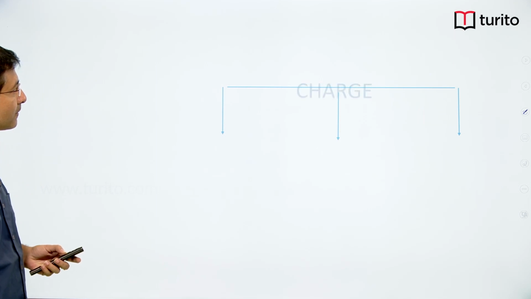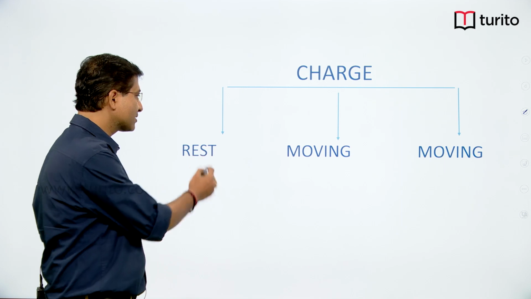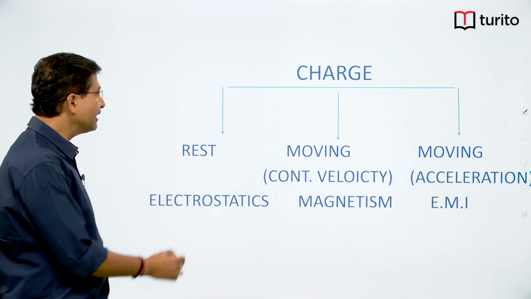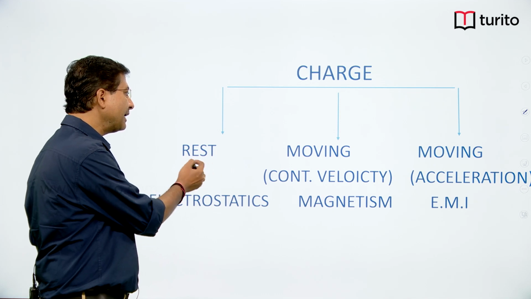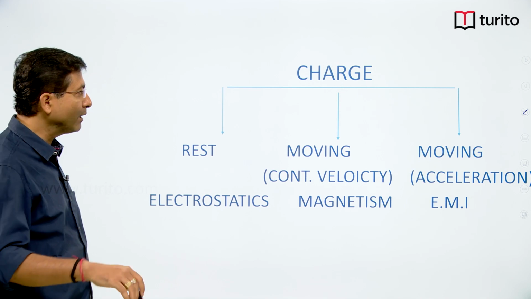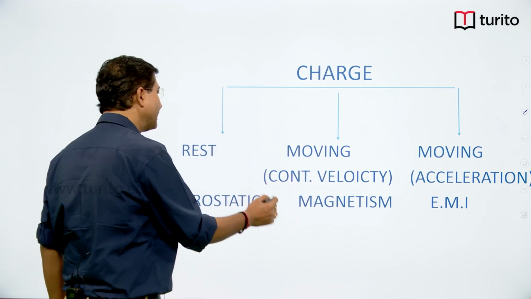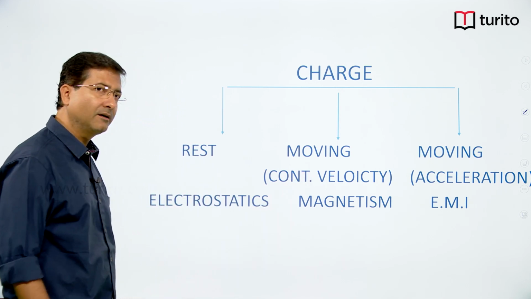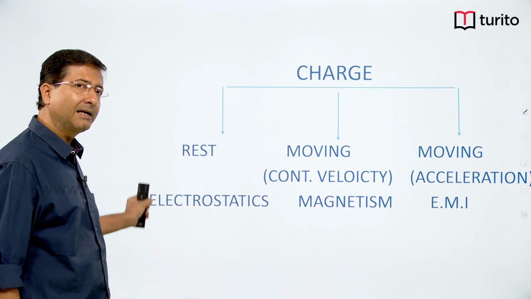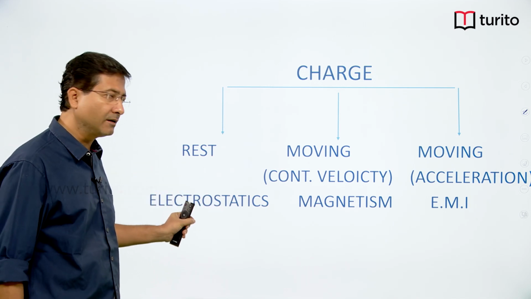See, charge at rest produces electric field or electrostatic field. When it moves with a constant velocity, along with the electric field it also produces a magnetic field. So, when charge is at rest we observe electric phenomena and the field around it is called electrostatic field.